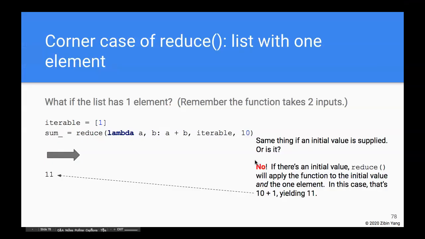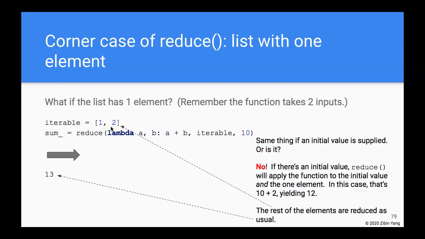So what happens in this case with an initial value as well as at least one element is that now reduce has enough values to apply the function, right? Because now it has at least two inputs. So it would first apply the function to the initial value and the first element. So in this case, the initial value is 10, plus the first element, which is 1. That's how it gets 11.